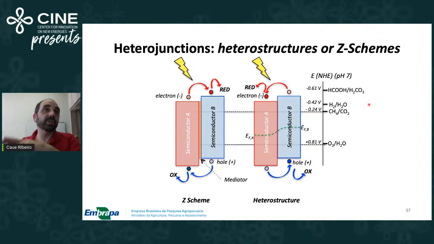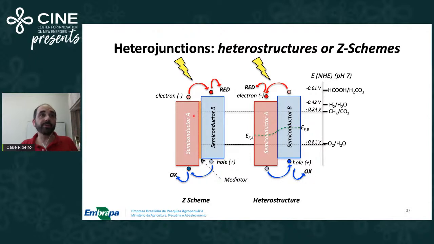If I have, for instance, one semiconductor that concentrates one of the charge carriers, for instance, all the holes or all the electrons, I can separate this process over the surface of the semiconductor, increasing the efficiency of the catalyst. We have two possibilities for that.